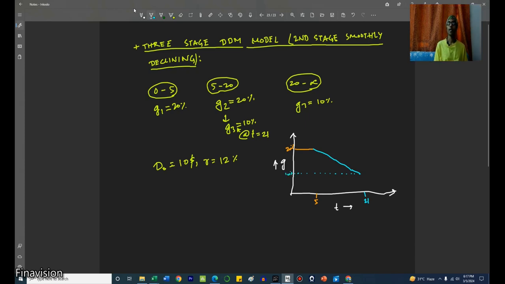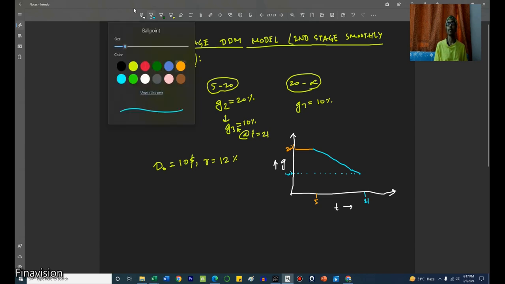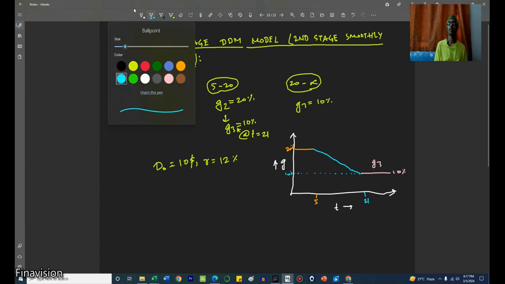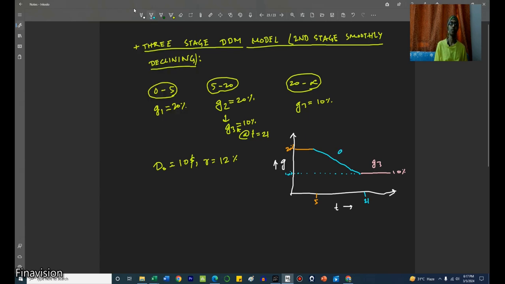And from there on in, it remains at 10%, right? So this is the G3. This is G2. And we already know that the initial phase is G1.